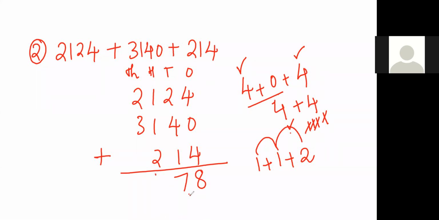It's 4. Coming to the thousands place, what do you have? 2 and 3. If you add 2 and 3, what is the answer? 2, keep it in the mind. Only 2 and 3 you can see under the thousands place, right? For the other number you don't have any thousands digit. So if you add 2 and 3, 2 keep it in the mind, 3 fingers open, after 2 comes 3, 4, 5. So you have to write 5 under the thousands place.